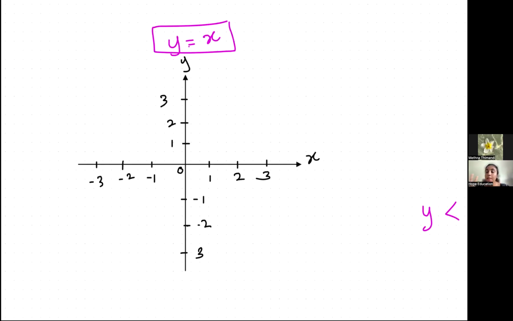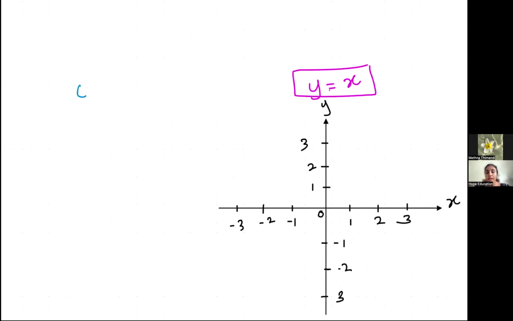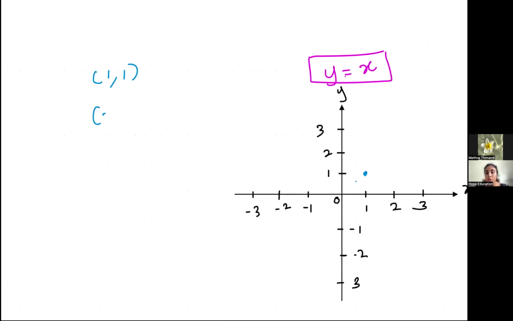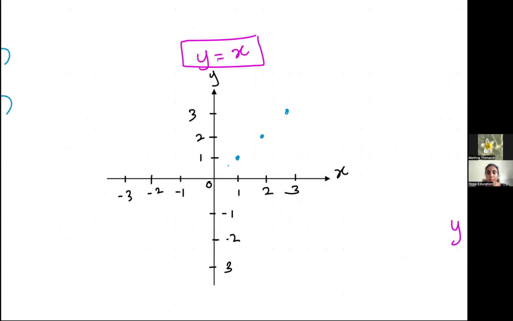So imagine you have a few points. If in every point the x value and y value are equal. For example, if I take a certain point, the coordinates are 1, 1. The x value is 1, the y value is also 1. So that would be this. Another point where x value is 2, y value is also 2. Another point where x value is 3, y value is also 3. When I join these I can draw a line like this.